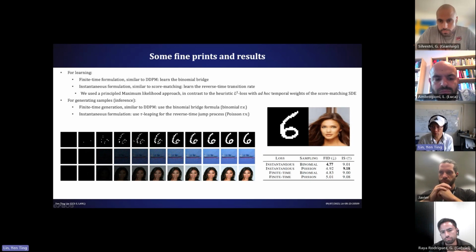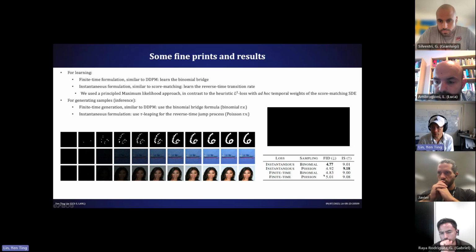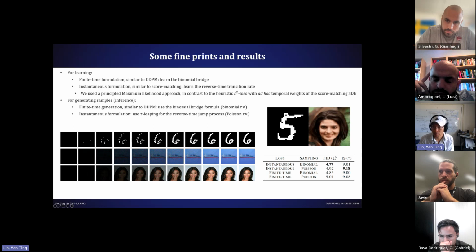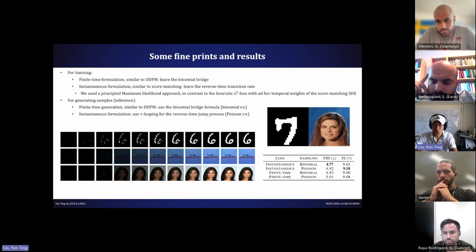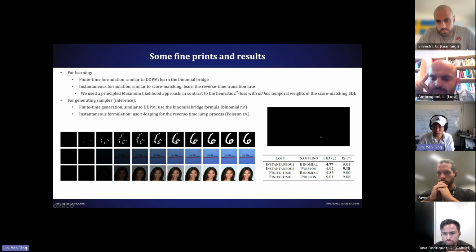Here is a little animation of how it looks in reverse time. We start from all black. On the left is the binarized MNIST dataset, and on the right is CelebA. Initially, you inject entropy, so things get noisified, and at a certain point you don't even know what the generated images are.